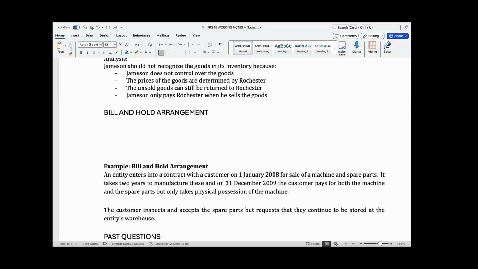For bill and hold, from here, I can see your hand. Hello, sir. Yes, Ufoma. You said the dealer does not determine the price, but he's the one that wants to sell it.